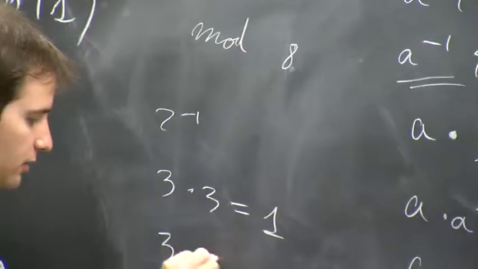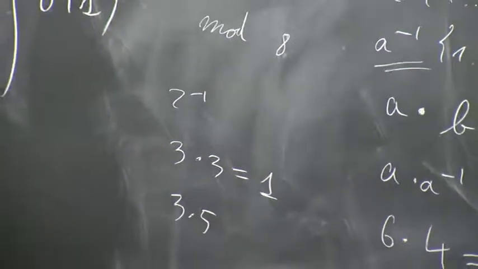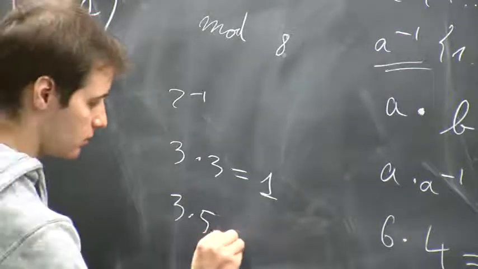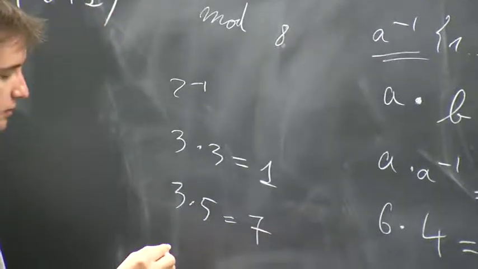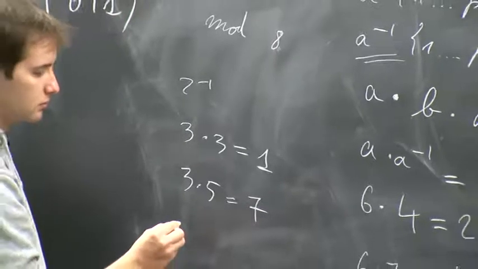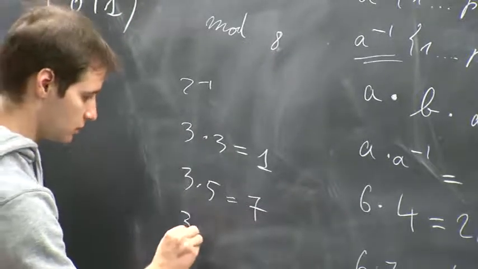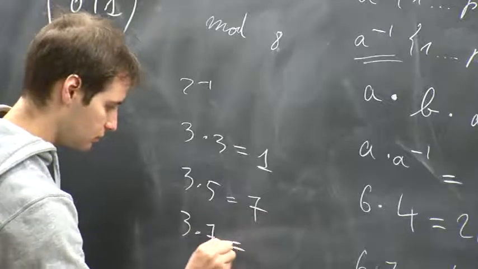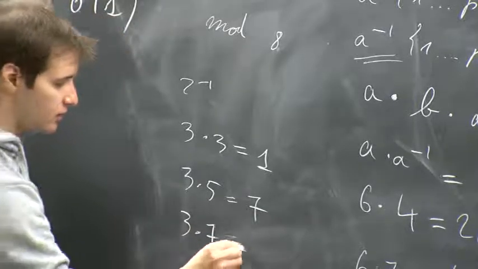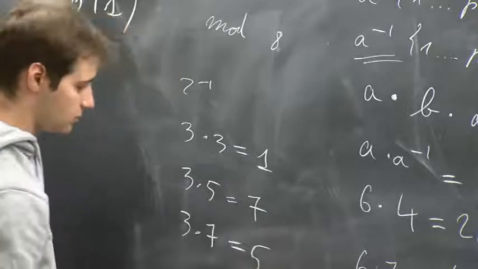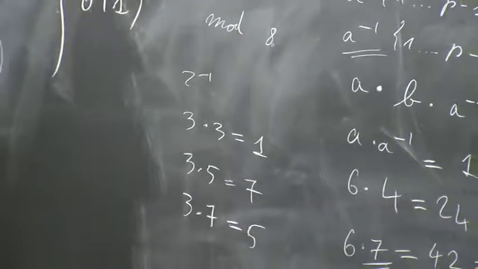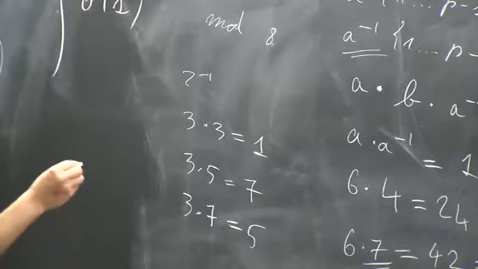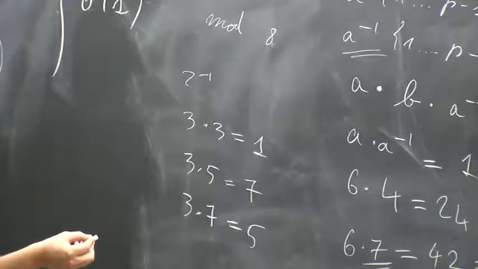How about 3 times 5? 15 mod 8 is 7. 3 times 7 would be 21, which is 5. So 3 is the multiplicative inverse of itself, and 5 and 7 are inverses of each other.